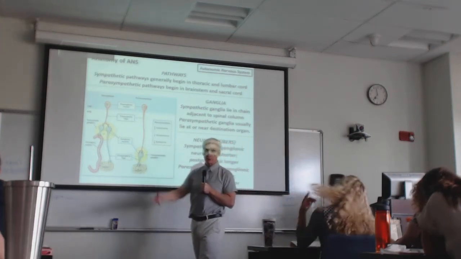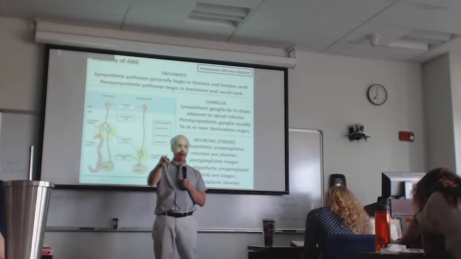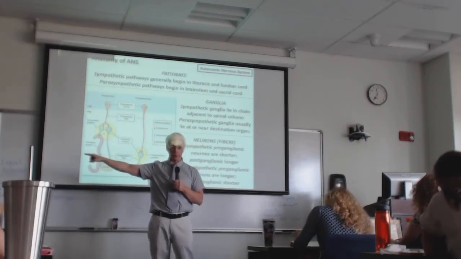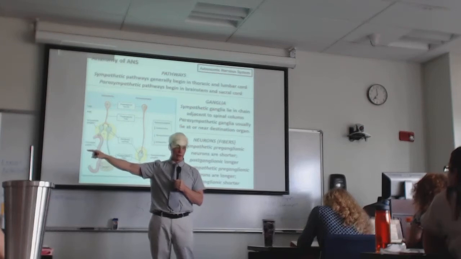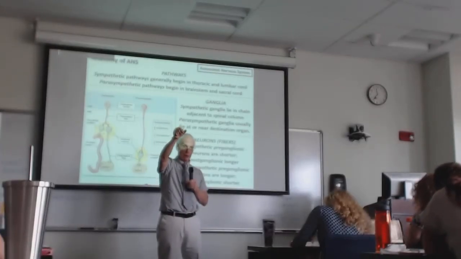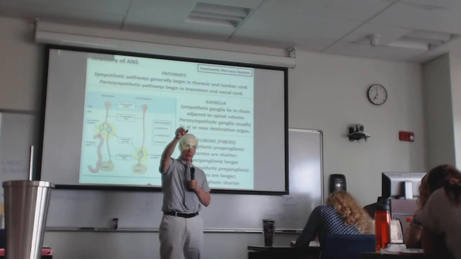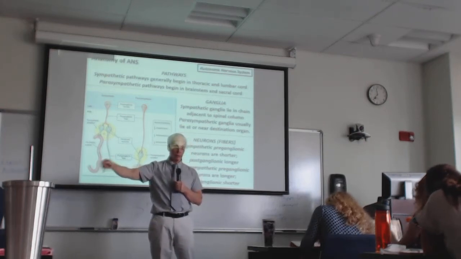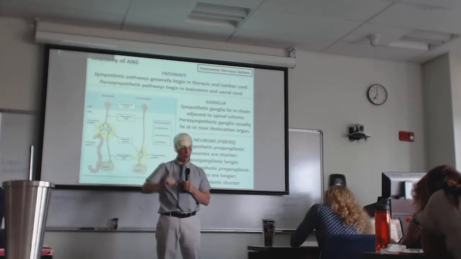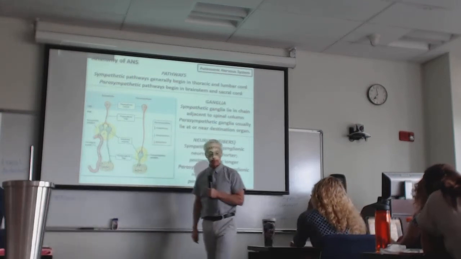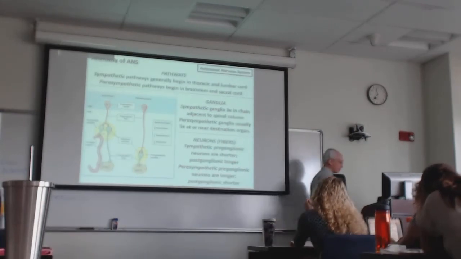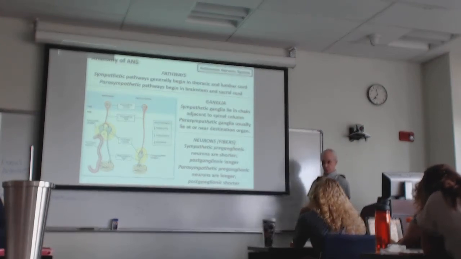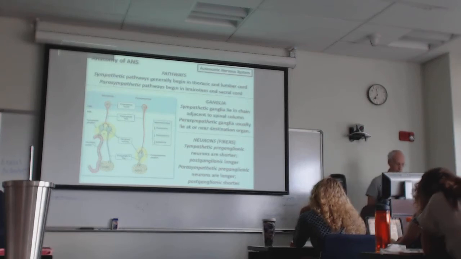Because sympathetic preganglionic fibers go to a ganglion, and then there's a long postganglionic. Not true for parasympathetic. The parasympathetic preganglionic usually goes all the way to the target tissue, and then there's some silly little postganglionic that cleans things up. So parasympathetic preganglionics are long. This is the simple way to summarize that.